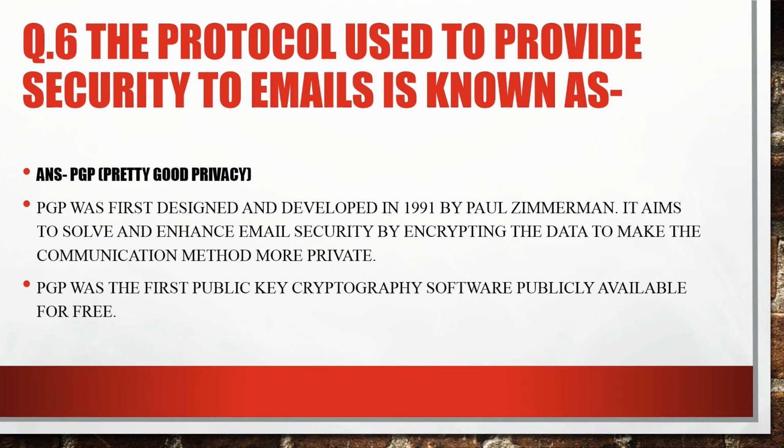So, the next point is telling about the same. PGP was the first public key cryptography software publicly available for free. So I think now you are all aware about PGP. What is that? Pretty Good Privacy, and why we are using it. It is a kind of protocol used to provide security to email.